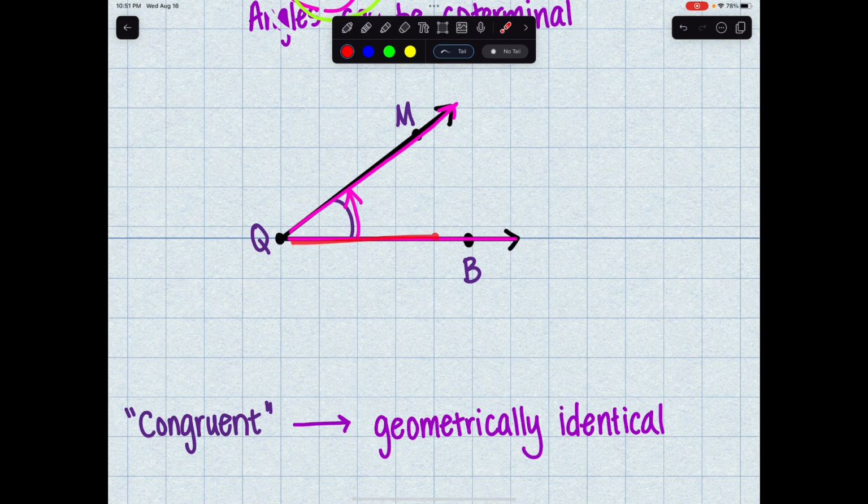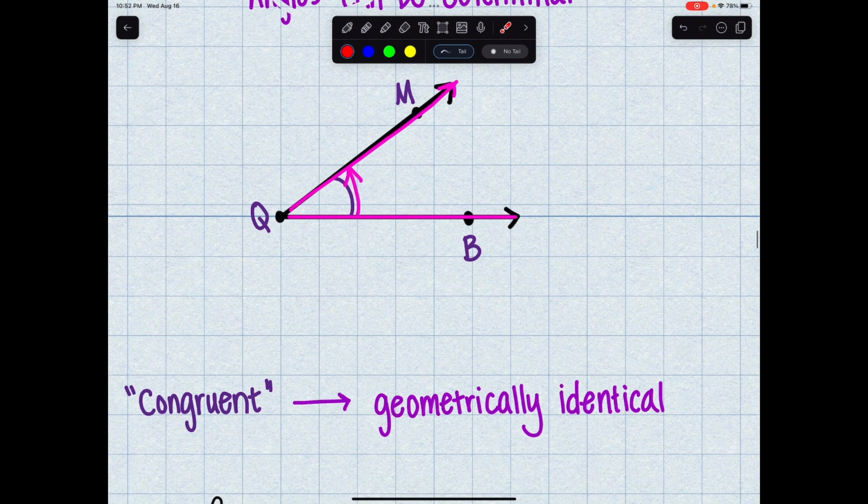There's another way to start here and end up here, and that's if, like a clock, it goes all the way around and ends up there. Then it would be 360 plus whatever this angle is, which is like 30 degrees. Okay, so those are the two angles. This is the starting point, that's the ending point.